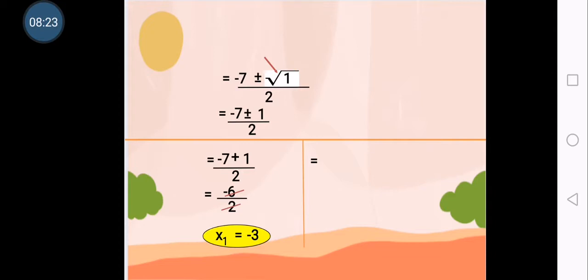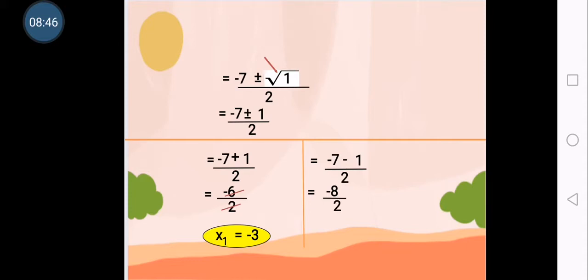difference. Ayan. So, negative 7 minus 1 over 2. Kapag pareho naman po ang sign ng integers, ang operation natin dito ay addition. And, huwag kalilimutan, ang sign pa rin ay negative. So, negative 8 over 2.